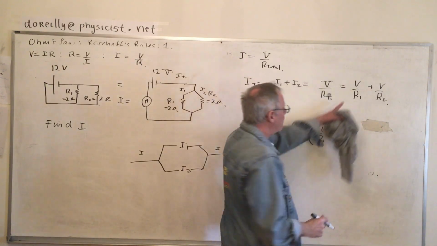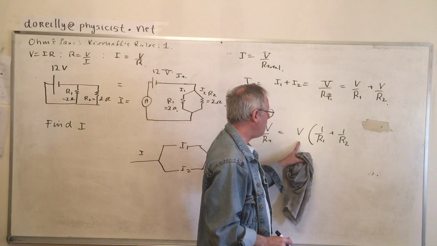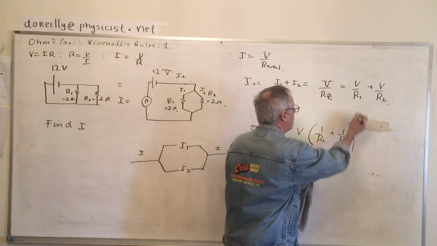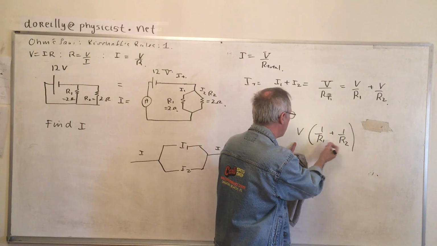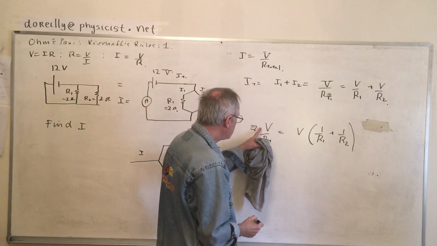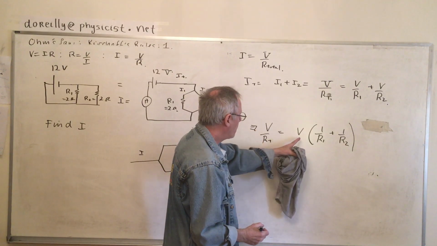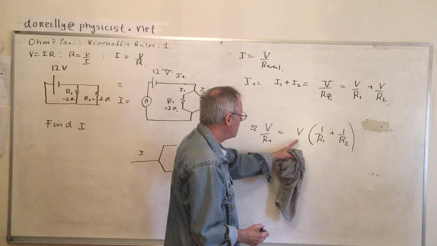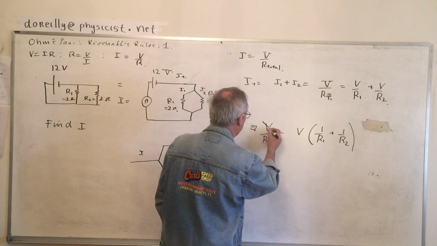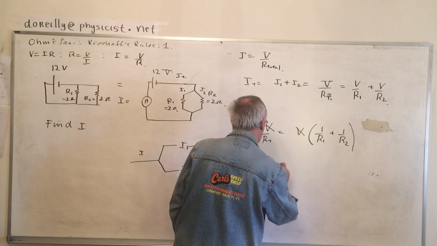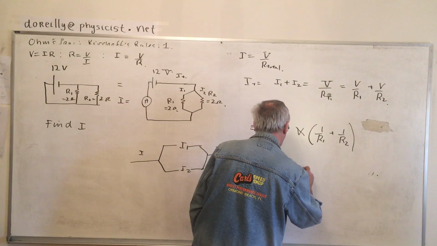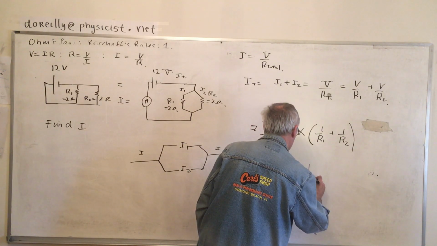So I can take out a common factor of V because it's the same for both expressions. V over R1 and V over R2 is the same as V times 1 over R1 plus 1 over R2. But that is the same as V over R total. So I divide both sides by V, and I can say that 1 over R total is 1 over R1 plus 1 over R2.